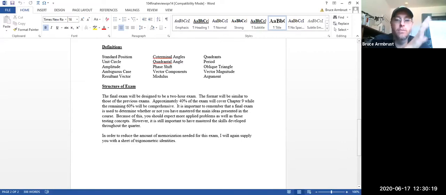Roughly. The remaining 60% is going to be comprehensive. So you'll get things like solve this equation, confirm this identity, solve this triangle, figure out the curve that fits this data, those kinds of questions that came from before. So that's why it's cumulative-ish.